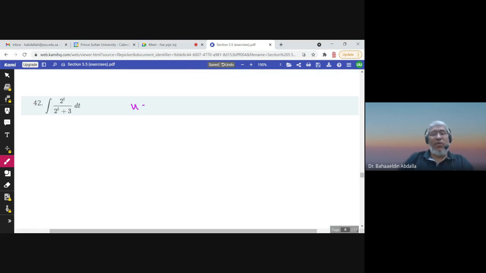I'll take u to be 2 to the power t plus 3, the denominator. The derivative of 2 to the power t is 2 to the power t times ln 2, and the derivative of 3 is 0.